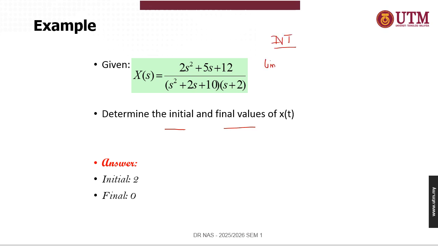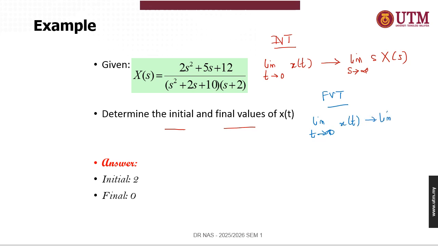Initial means earlier, so t approaching 0 of x(t) in this case; in the s domain, when t approaches 0, s approaches infinity, so it is s X(s). And for the final value theorem, final means the last point, so t approaches infinity of x(t), and in the s domain it is s approaching 0 of s X(s). Don't forget to multiply with s.